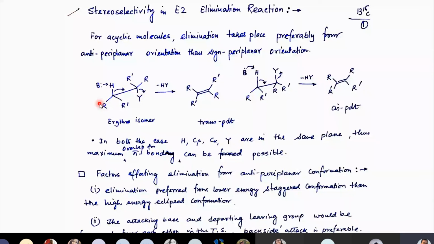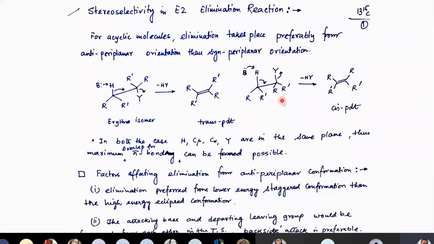Okay, this is your first reason. The second reason is, let's say the base is coming from this side and the leaving group is going this side. So the base, which is also electron rich in nature, and the leaving group, which will also have Y minus, are both on the same side, which will again have steric interaction. Okay, I mean electrostatic interactions.